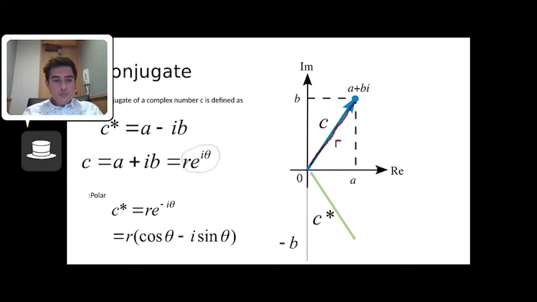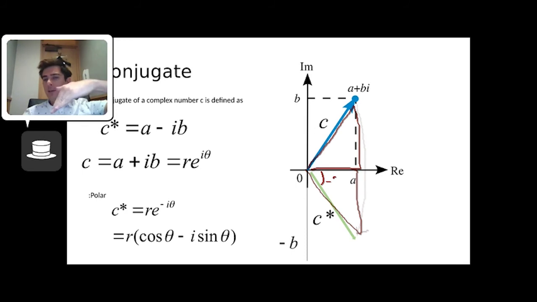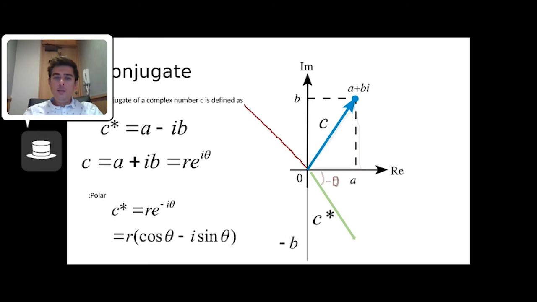Now that we've flipped this from the top side to the bottom side, obviously these two triangles are the same. And so this angle really has to be the same angle, but with a minus sign, because this time it's pointing down rather than up. And you can see that even if the original complex number was pointing this way, here would be the angle.